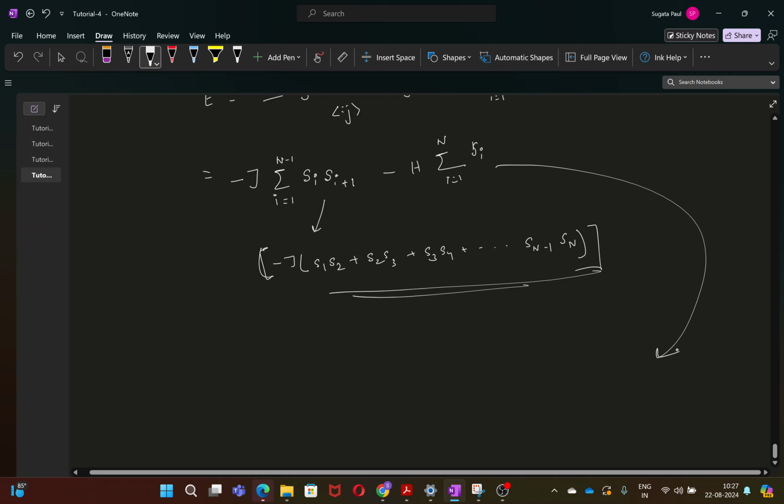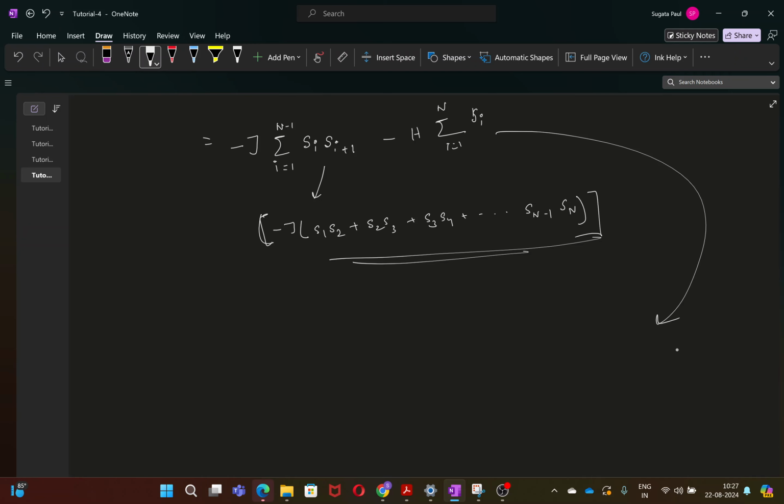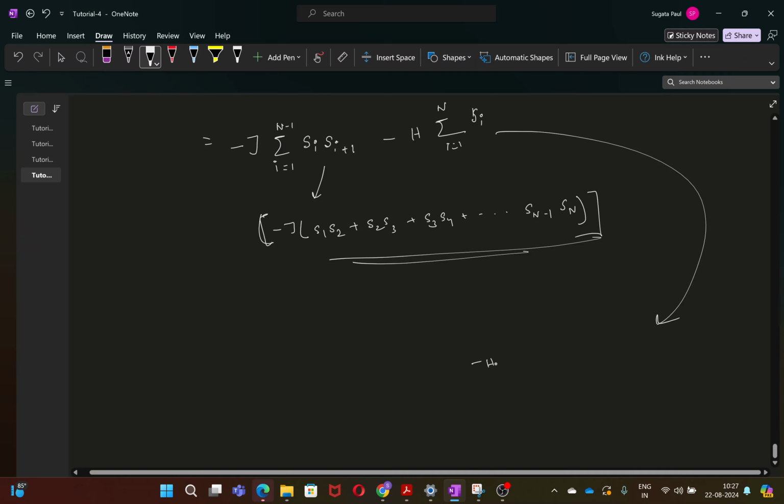And for the second term, if you want to break it down and decompose it into a two different spin structure, one is the actual spin, one is the spin's nearest neighbor, you can write it down like minus h sum over Si plus Si plus 1, where the i value has to go from 1 to n minus 1.